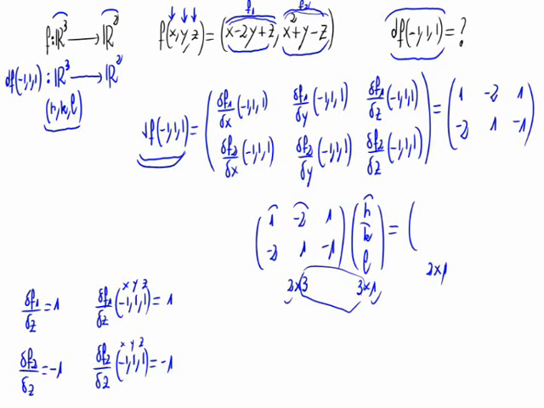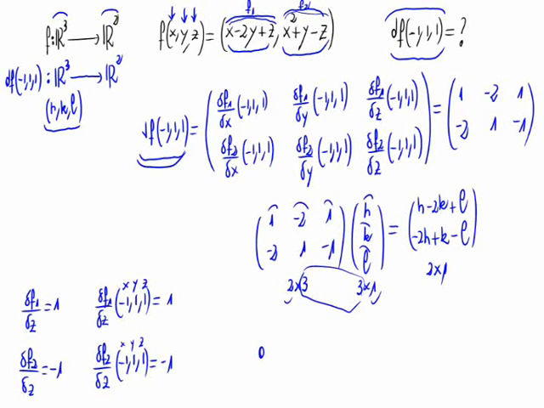So we would have 1 times h minus 2 times k plus 1 times l, and the second row would be minus 2 times h plus 1 times k minus 1 times l.